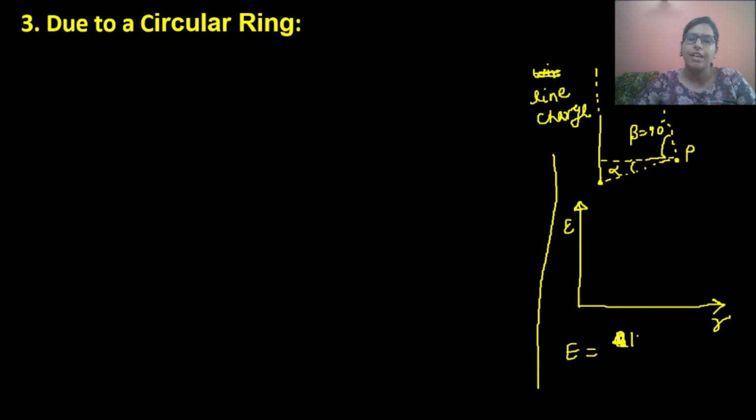In every equation there was k lambda upon r, right? So it is proportional to 1 upon r, so it will be a hyperbola, and the graph will be like this. With distance, the electric field intensity will decrease.